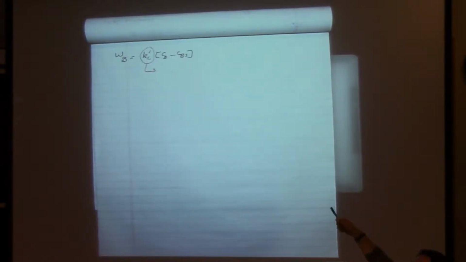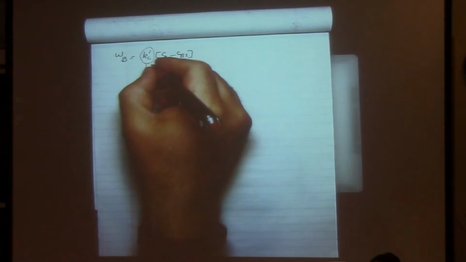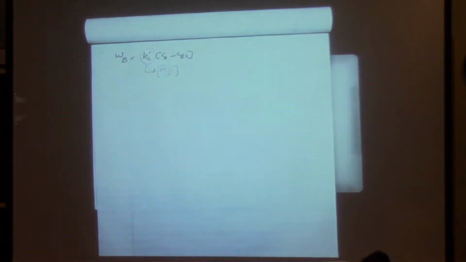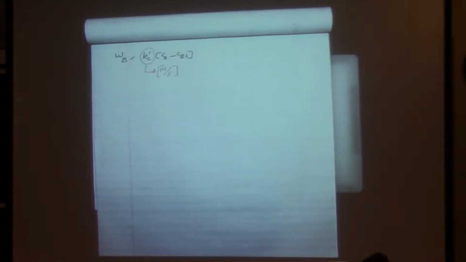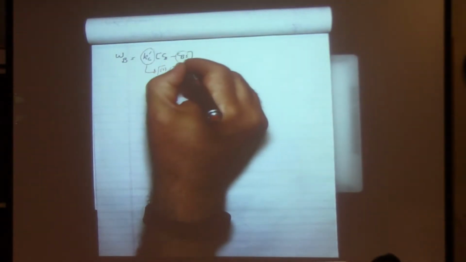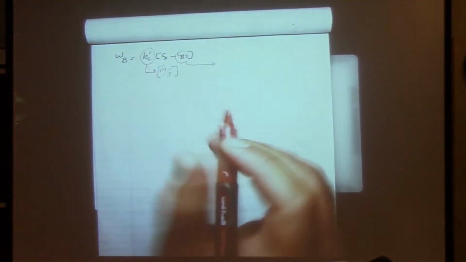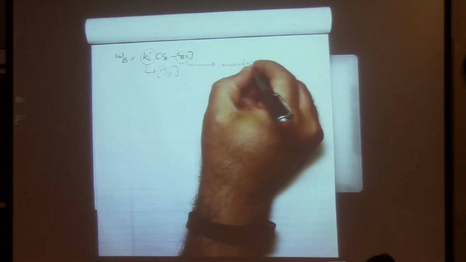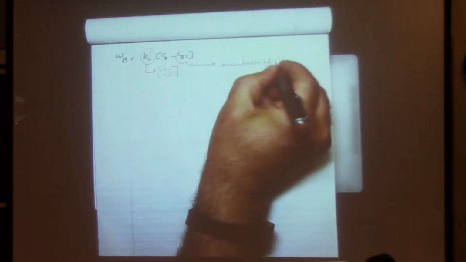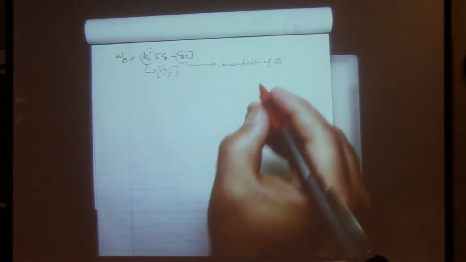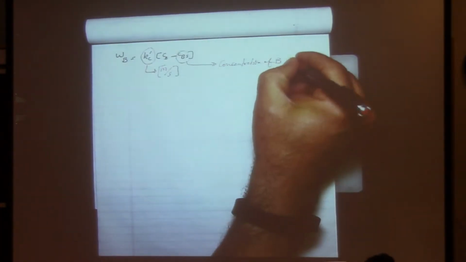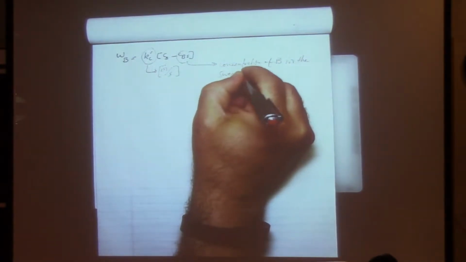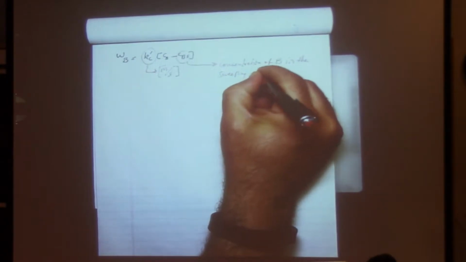If you divide them by each other, you will end up with meter per second, right? And this CBS is the concentration of B in the sweeping gas channel.